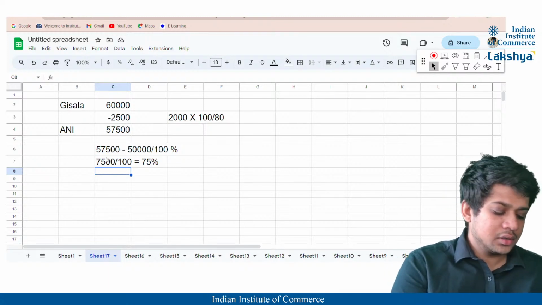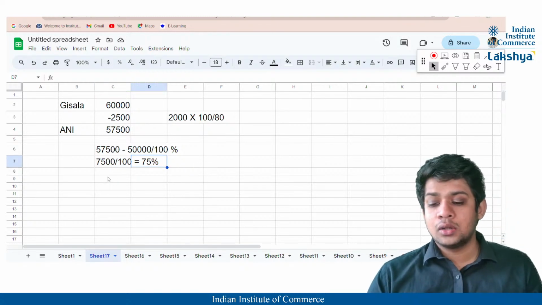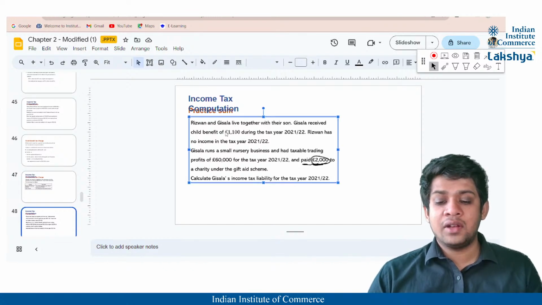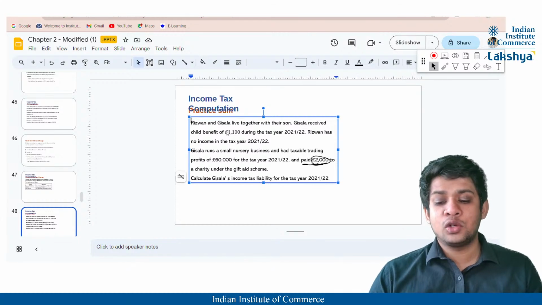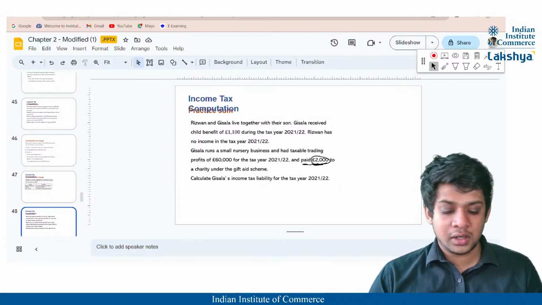Now, she has got a child benefit of 1100 pounds. But since her income is above the threshold, she will have to repay that benefit in the form of tax charge. She will not have to repay the whole amount, just 75% of it.